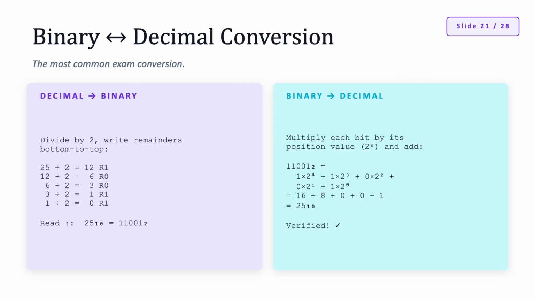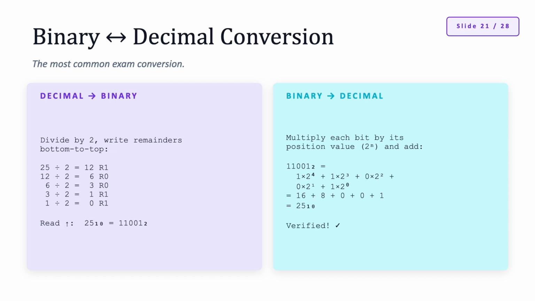Converting decimal to binary: divide by 2 repeatedly and write remainders bottom to top. Example: 25 divided by 2 equals 12, remainder 1. 12 divided by 2 equals 6, remainder 0. 6 divided by 2 equals 3, remainder 0. 3 divided by 2 equals 1, remainder 1. 1 divided by 2 equals 0, remainder 1.